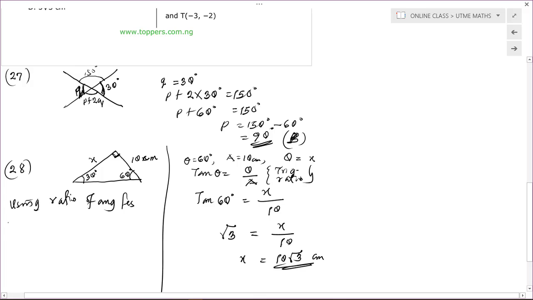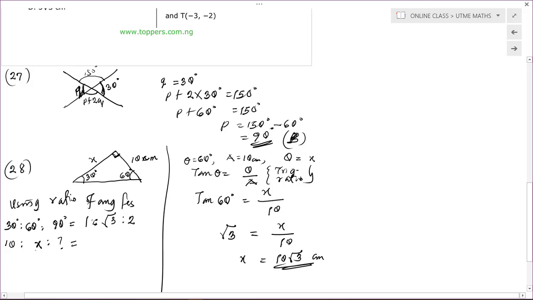We just say that 30 degrees ratio 60 degrees ratio 90 degrees is equal to 1 ratio root 3 ratio 2. That is to say, 30 is facing 10 centimeter. 60 is facing x here. While 90 is facing nothing.